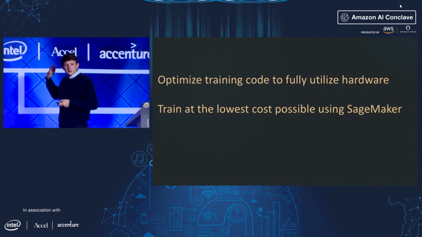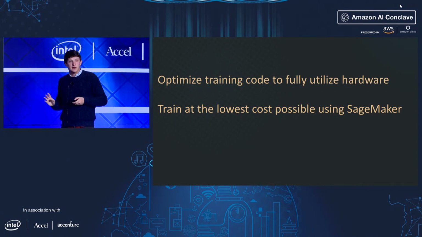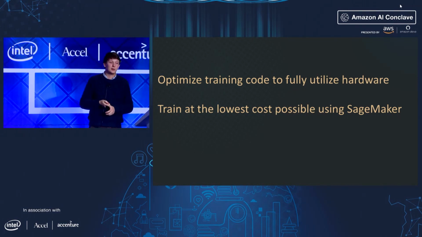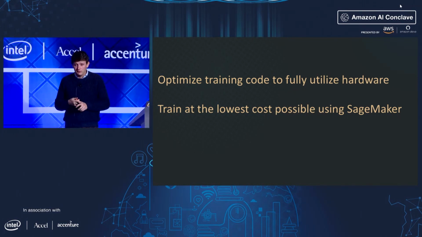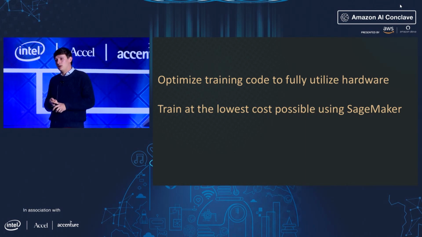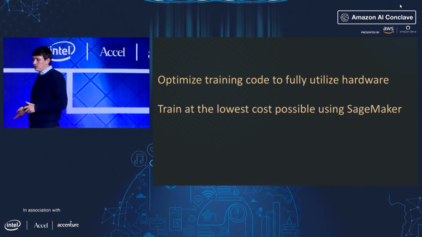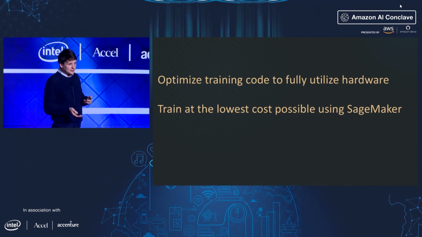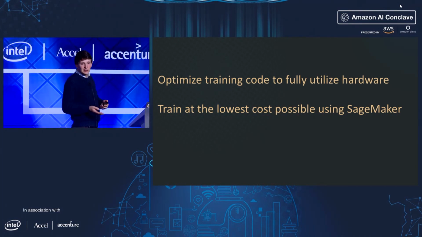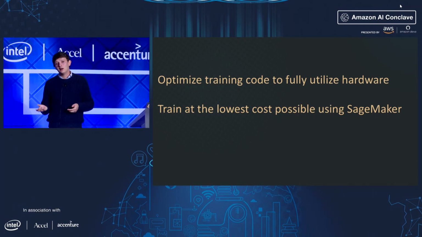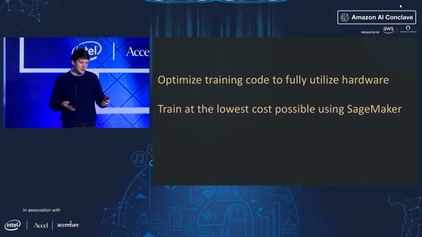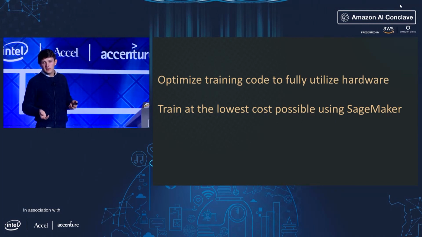To summarize the three steps I was talking about: first is to optimize your training code to fully utilize your hardware. Extremely important and very much underestimated. There was one time, I can't name the customer, but we were working with a customer that was evaluating different cloud providers and different types of deep learning hardware. They weren't sure if MXNet was actually faster.